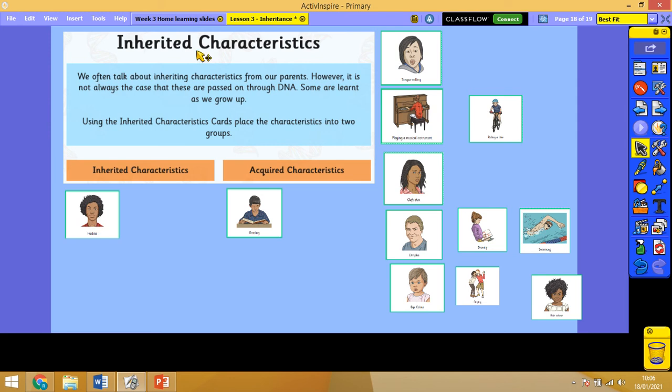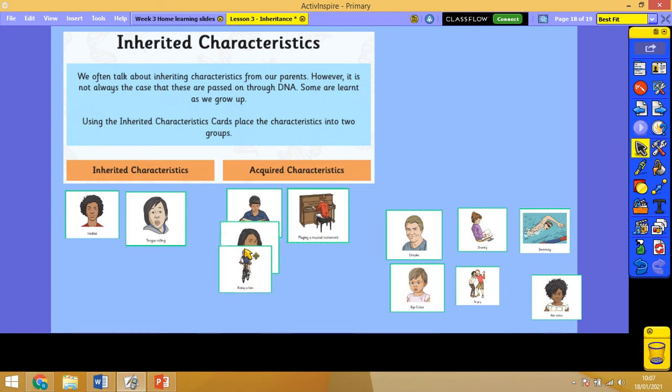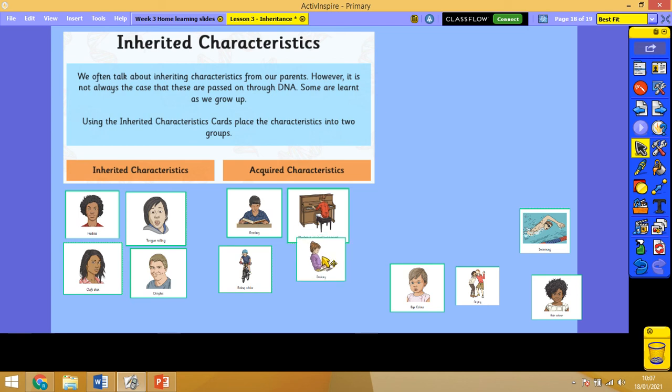Right, okay then. So another inherited characteristic is definitely tongue rolling. Playing a musical instrument is something that's learned, so that's acquired, as is riding a bike. A cleft chin is not something that's learned, that's something you get from your mum or dad. Dimples is also something you get from your mum and dad as well. Now, reading. I think that says reading.